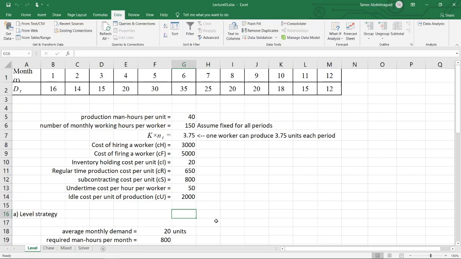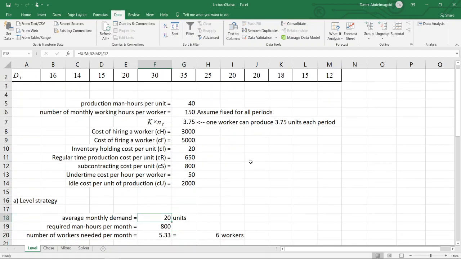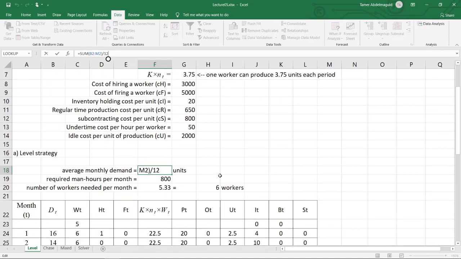So in order to come up with this number, we need to first calculate the average monthly demand. The average monthly demand is simply the summation of the demand values given in our table divided by 12. This will give us the average monthly demand, which is 20 units.